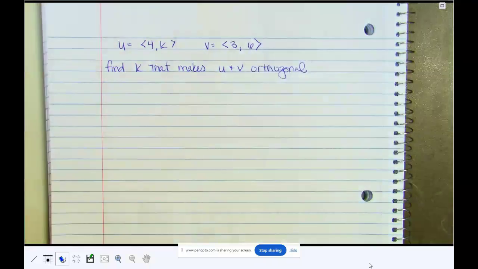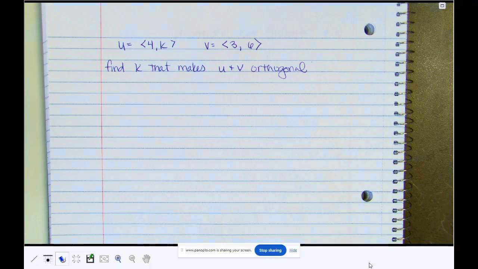Okay, so this is the other way that you will see this. You will have a vector with a missing piece, and you have to make it orthogonal. So you're just finding the missing piece. Oh, that's like an equation. It is totally an equation, and it's like an algebra level equation.